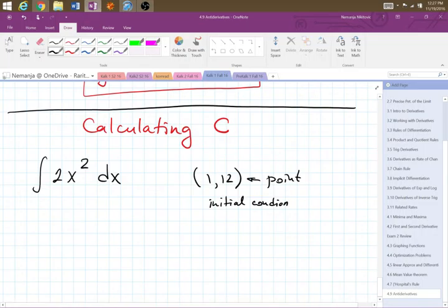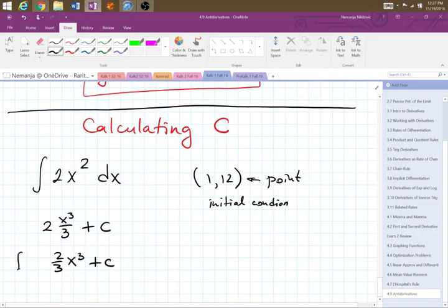So now what do I do with this? Well, I integrate. So we know we're going to have 2x cubed over 3 plus c, which is 2/3 x cubed plus c.